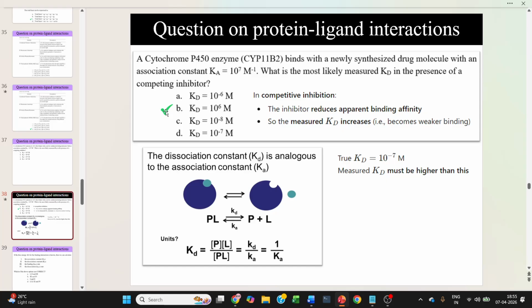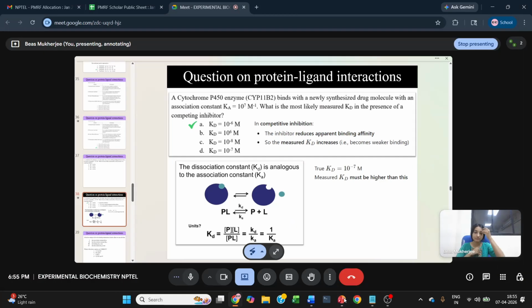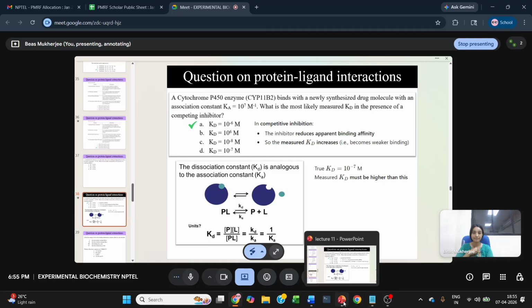So it should be this. This should be the right answer. Kd 10 to the power minus 6 should be the right answer because affinity is decreasing. Right? So in competitive inhibitor, the measured Kd increases, that means weaker binding is there. True Kd is 10 to the power minus 7, but measured Kd is higher than this.